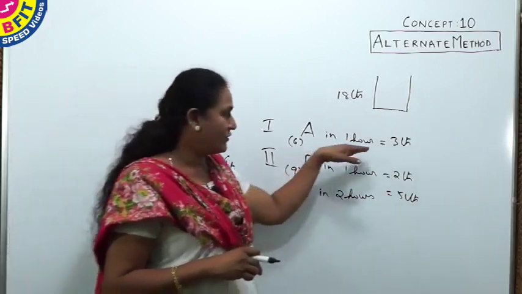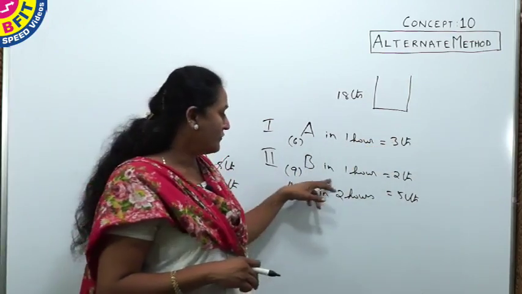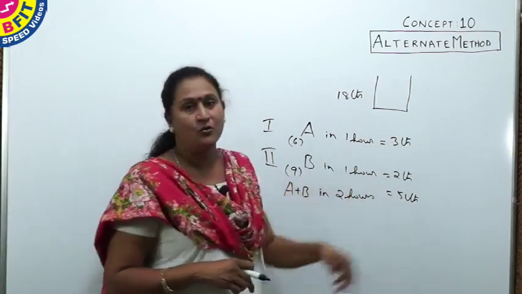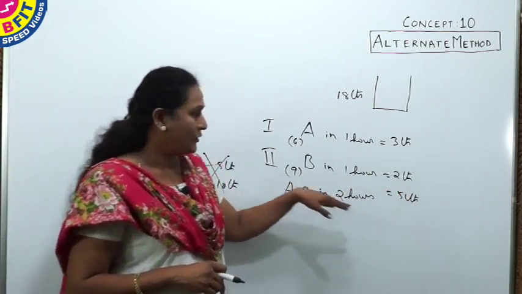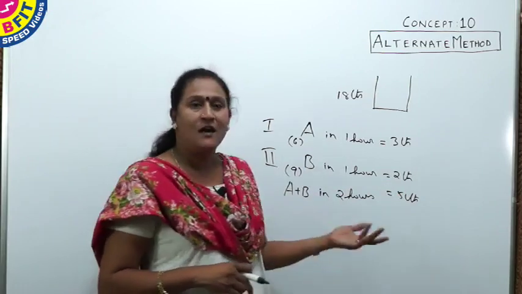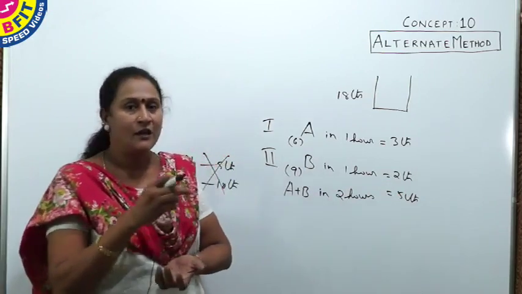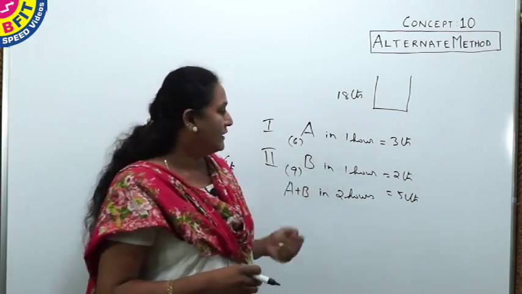So when you check for the first hour, only 3 liters is poured. When you check for the second hour, 2 liters is poured. So in 2 hours 5 liters. So here the uniformity will be only for 2 hours. So for the next 2 hours another 5 liters. So like that you have to check how many pairs when you open, 18 liters will be filled.